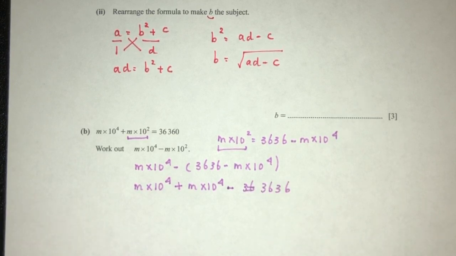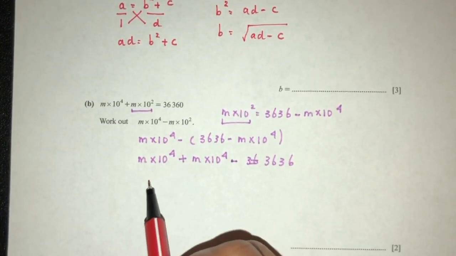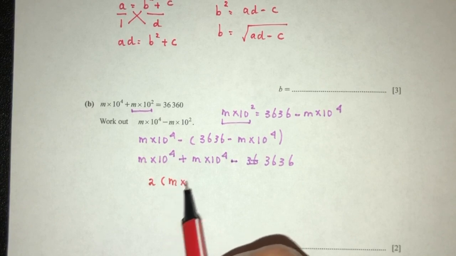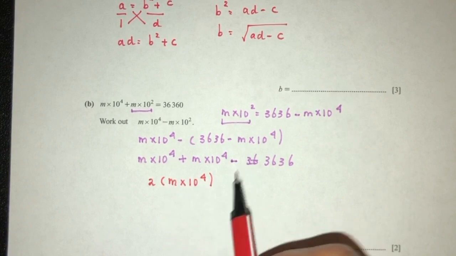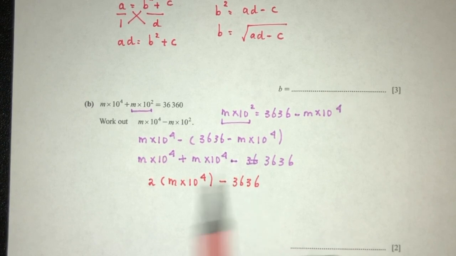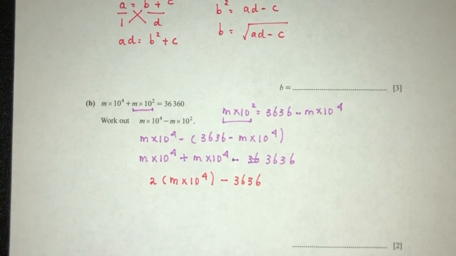Okay, so this is not really working out in the way I hoped it would. That will become 2 times m times 10 power 4 minus 3636. So let's see, how can we find a way to solve this? Because I think there's a logic behind this question. I guess this is the first time I am seeing something like this.